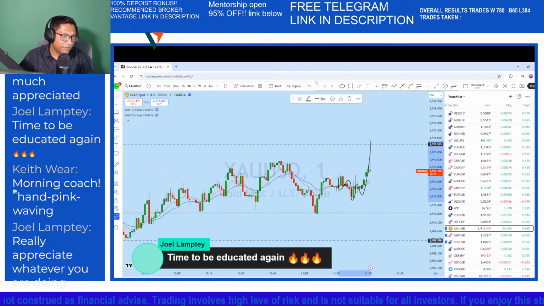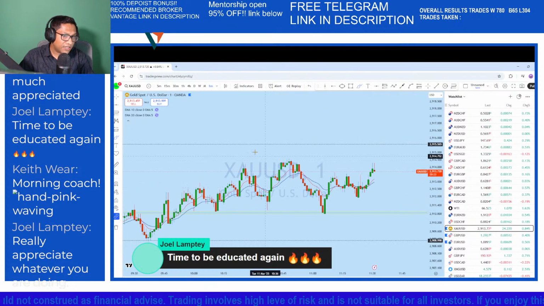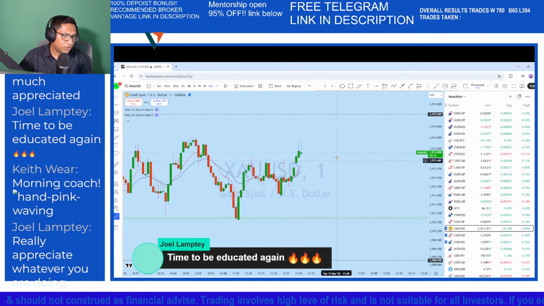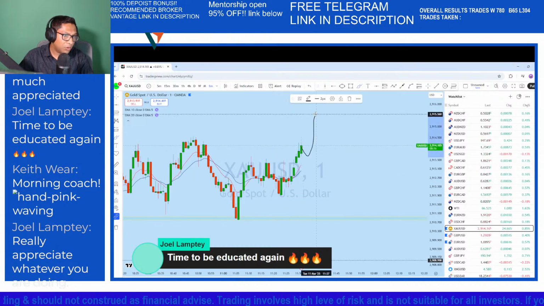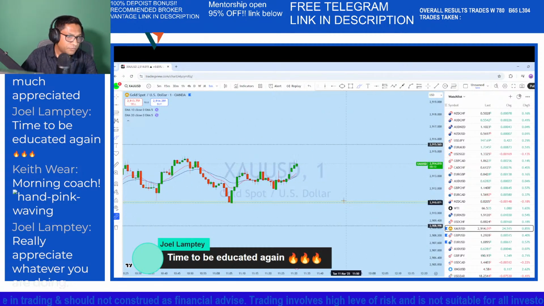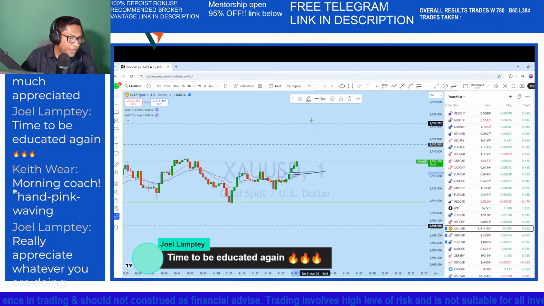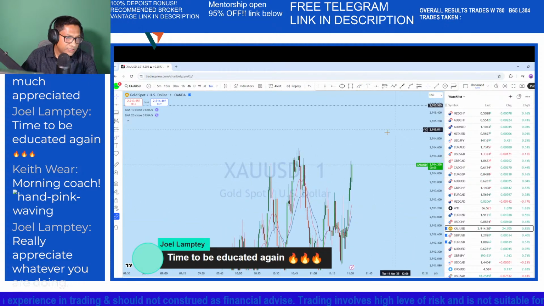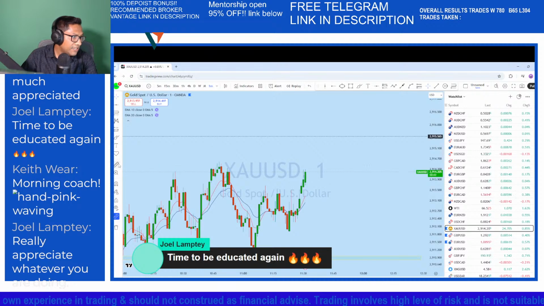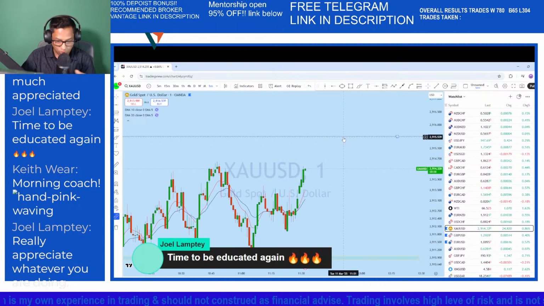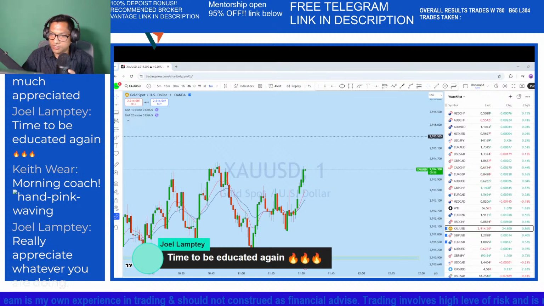With that inverted head and shoulder formation on XAUUSD, we can expect the price to bounce here to the liquidity zone in that area. So here we can see there's a gap open, and with that gap open, the market is trending. I think we might see a short-term potential bounce here in that area for this move.